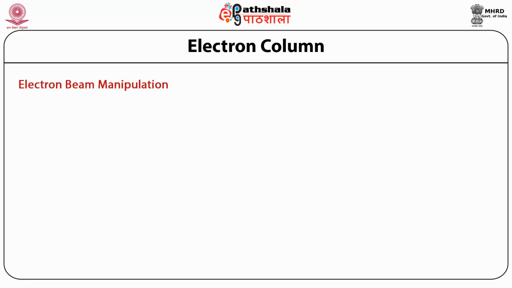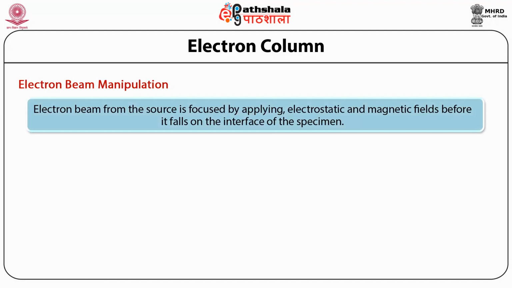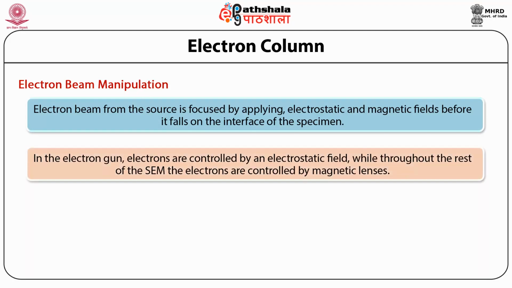Electron beam manipulation. The electron beam from the source is focused by applying electrostatic and magnetic fields before it falls on the surface of the specimen. In the electron gun, electrons are controlled by an electrostatic field, while throughout the rest of the SEM, the electrons are controlled by magnetic lenses.